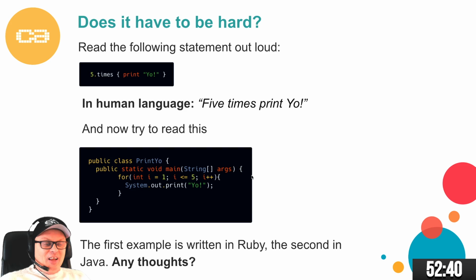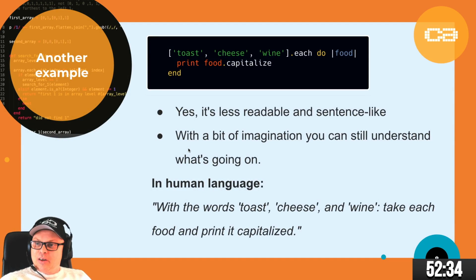I'm sorry about that. Now, if we take a look at another example, like this one, in the code example here we say toast, cheese, wine, wrapped in square brackets, and then we say dot each do, and then there are those vertical lines called pipes, and between them you have a name, food, which will be a variable, and then inside the block, which is everything between the do and end, you have a command saying print food capitalized.